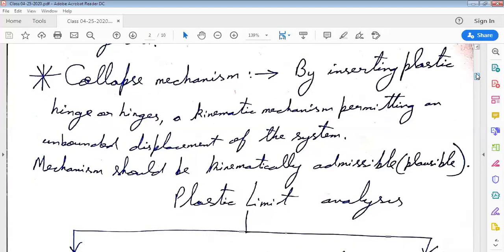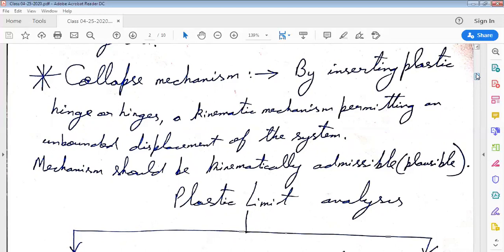When a structure deforms plastically, the structure deforms in a mechanism of collapse, and that mechanism of collapse is called a collapse mechanism.